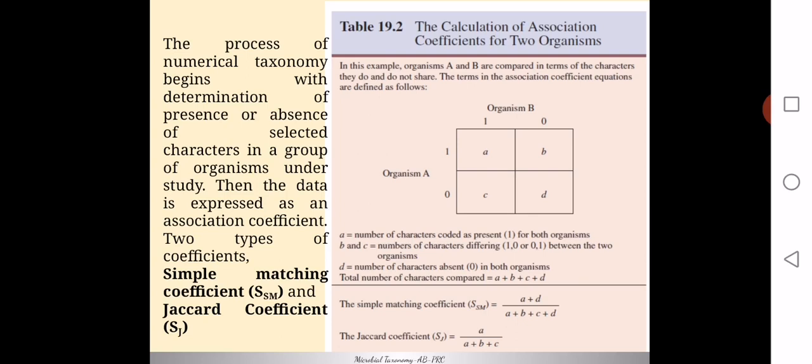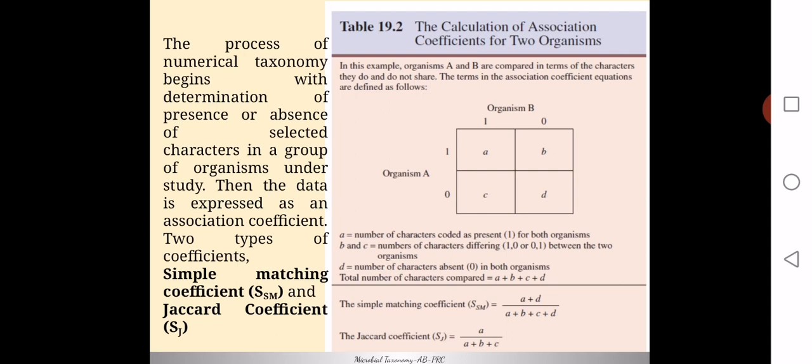In this way we compare, and finally we will have a particular number of characters which are present in both organisms A and B. There will be some characters present in organism A and not in organism B, and vice versa, characters present in B but absent in A. There could also be some characters which are absent in both organisms.